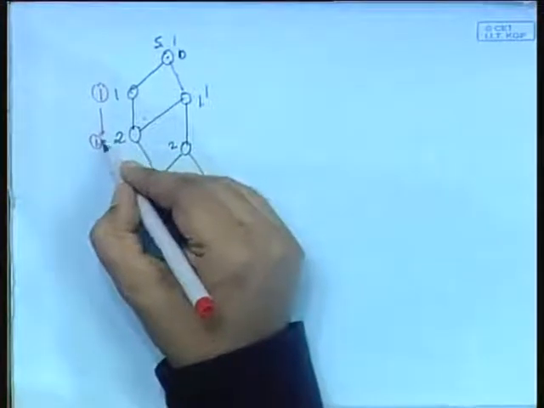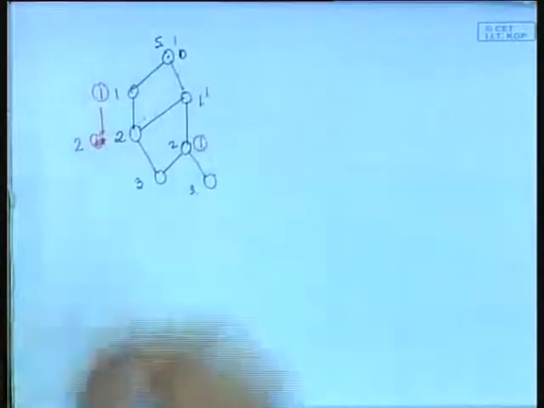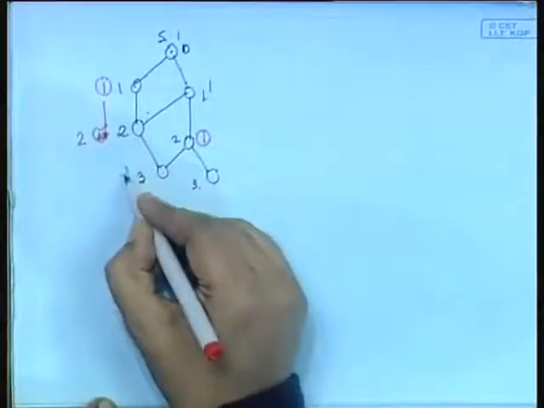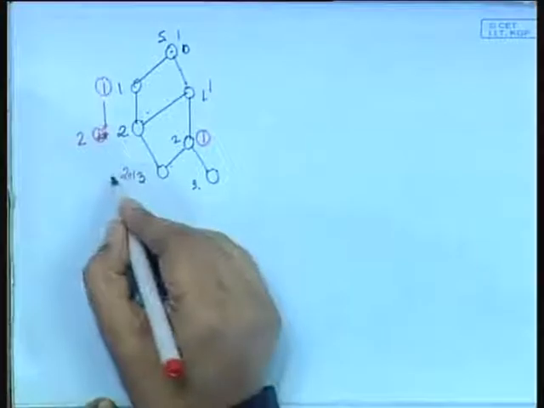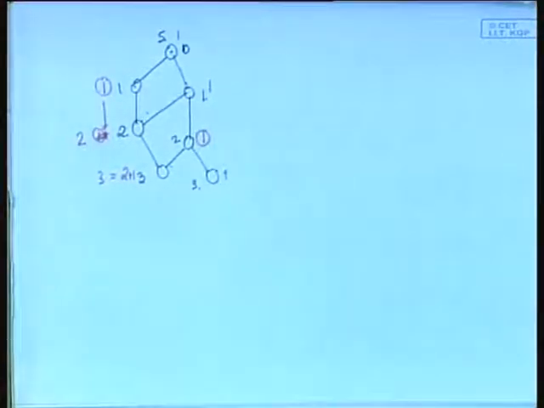So, this will become 2, this becomes 1. Okay. And for here it will become 2, and from this it will become 2 plus 1, 3, and here it becomes 1. Okay. So, the first step is clear, that you identify the labels.